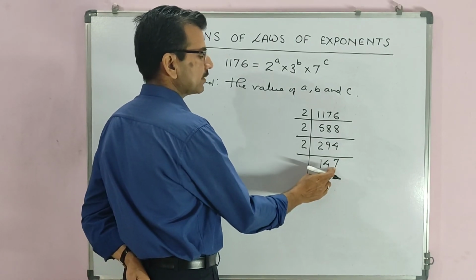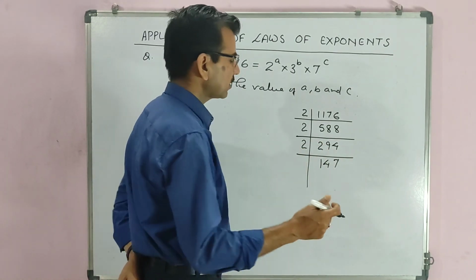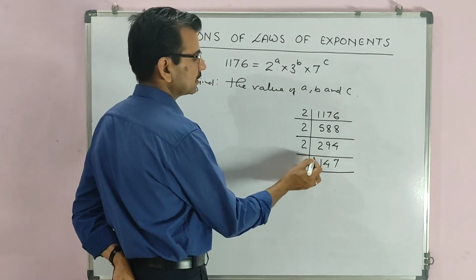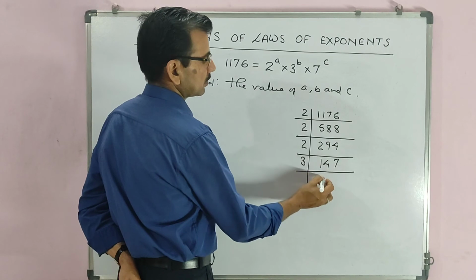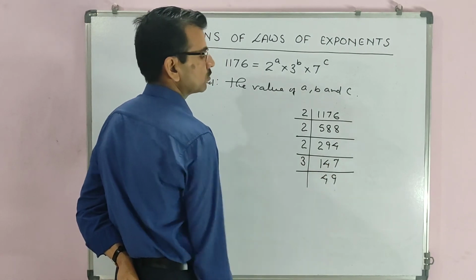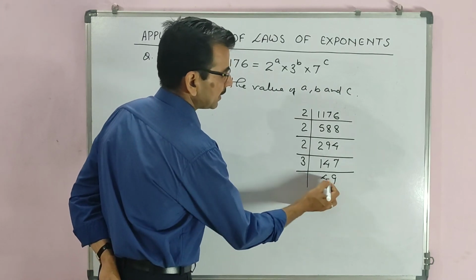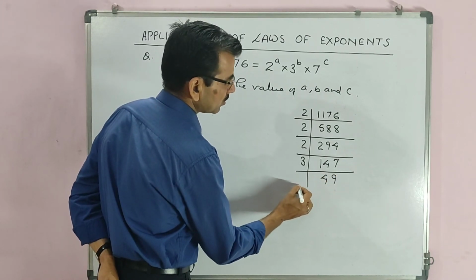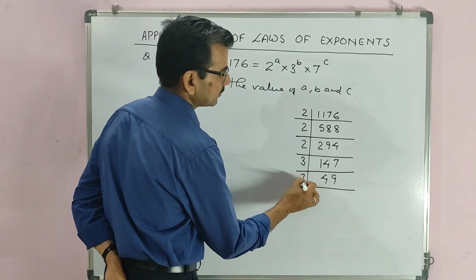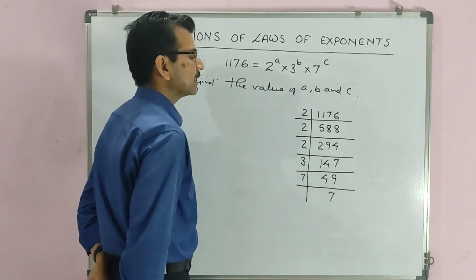Now we can see that 7 is at the unit place, which is an odd number. So we can think of another factor, that is 3. 3 4s are 12, 3 9s are 27. And by 3 it is not divisible here, so we can divide by 7. 7 7s are 49.